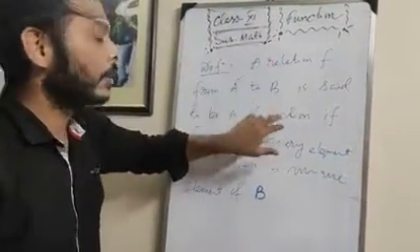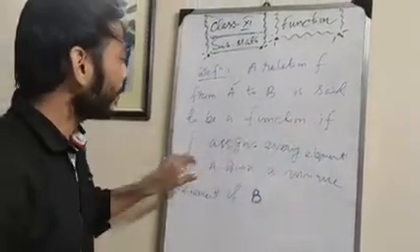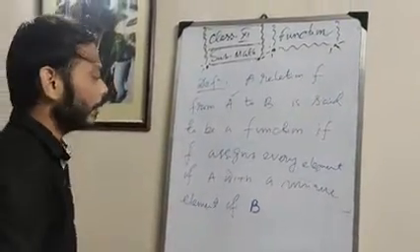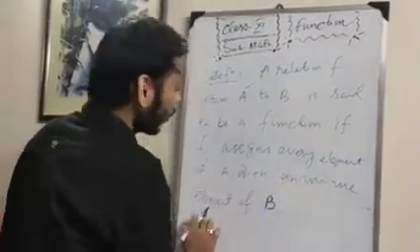So a relation is converted to a function if f assigns every element of A with a unique element of B.